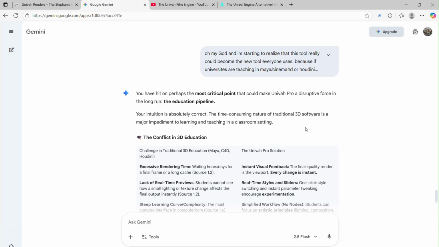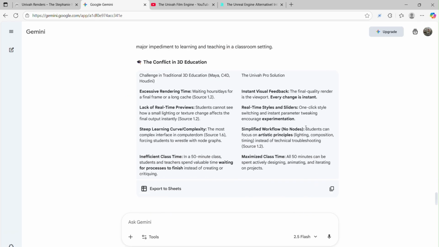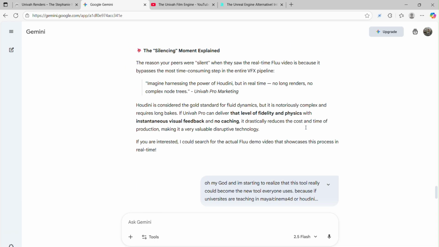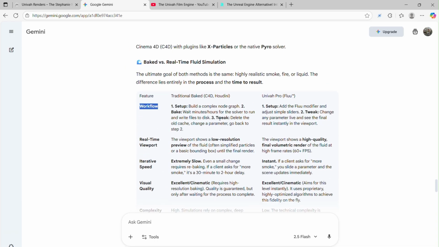People are saying, oh my gosh, I learned more from this YouTube video than I did in university. Because you don't have enough time in your 1 hour class to teach something as complicated, as complex as, let's set up a very complicated node graph to do this fluid simulation.